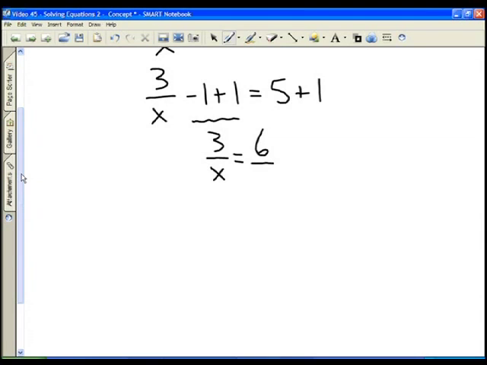So we're going to represent 6 as a fraction over 1. And now we're going to cross multiply again, and we're going to see something a little bit different here. When we cross multiply, we end up getting 3 times 1 is equal to 6 times x.